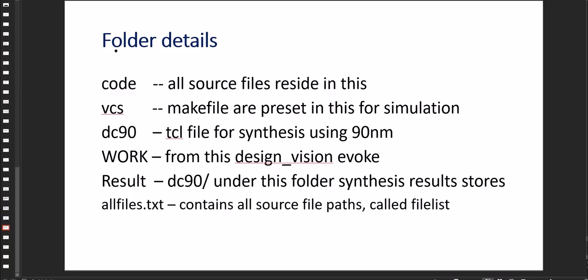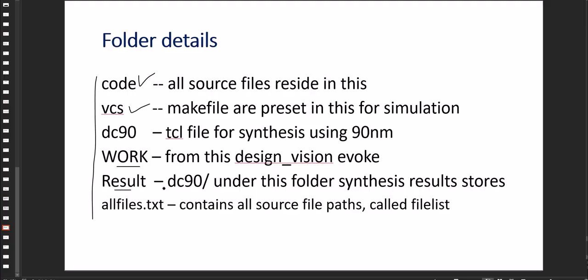For those who have not already seen our videos, these are the folder details we are keeping. This is for all the resources. We keep the Makefile here for the simulation based on RTL and synth. DC90 has a tickle file for the synthesis using 90 nanometer, and the work folder is where we run the design vision.